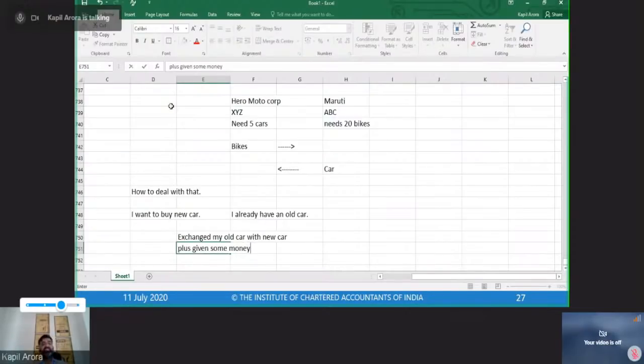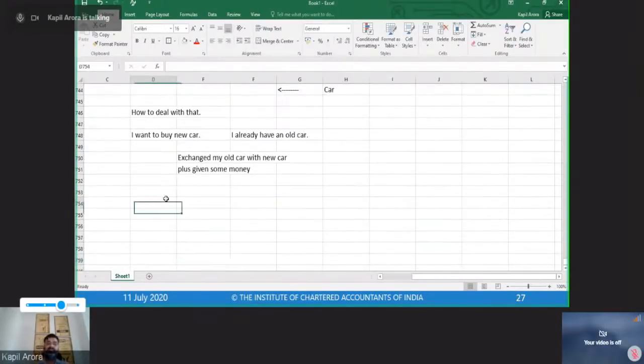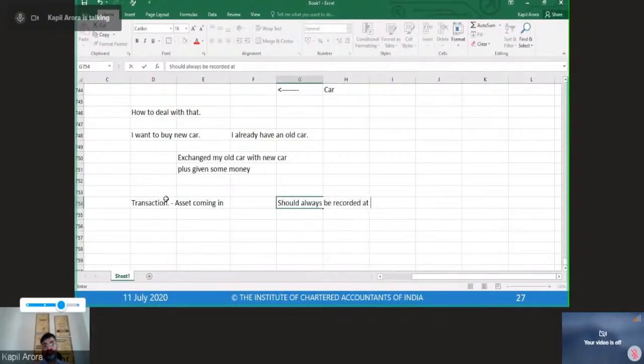Now, whenever I am exchanging my asset with another asset by giving or getting some money, the transaction, meaning the new asset coming in, should always be recorded at fair value.